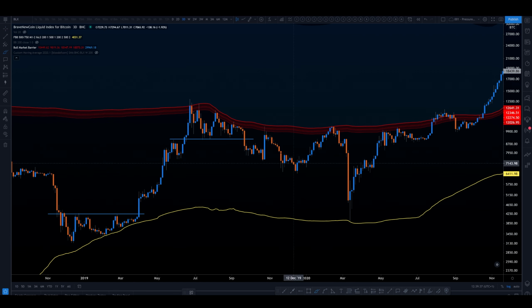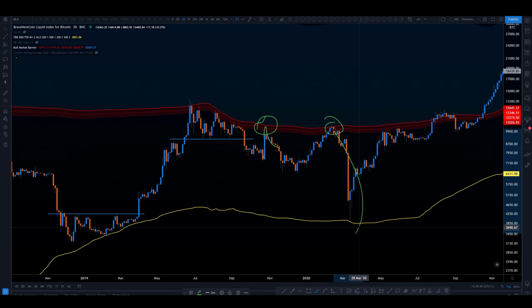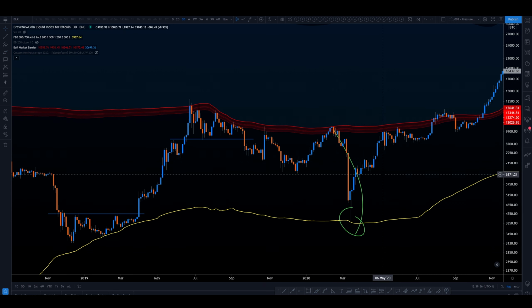In this case, in 2019, when we broke down from this descending triangle, we got our retest very fast. And we even got another test with rejection, which led to this test. It's very interesting. So pressure zones actually help you in understanding price action a little bit better because you know what to look for.